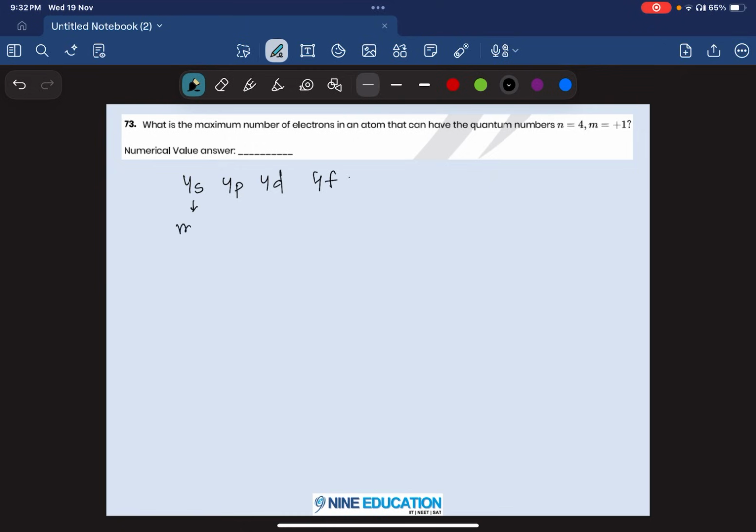In 4s, m is equal to plus 1 is not possible. In 4p, there is one orbital having m is equal to plus 1. In 4d, there is one orbital having m is equal to plus 1. In 4f, there is one orbital having m is equal to plus 1.